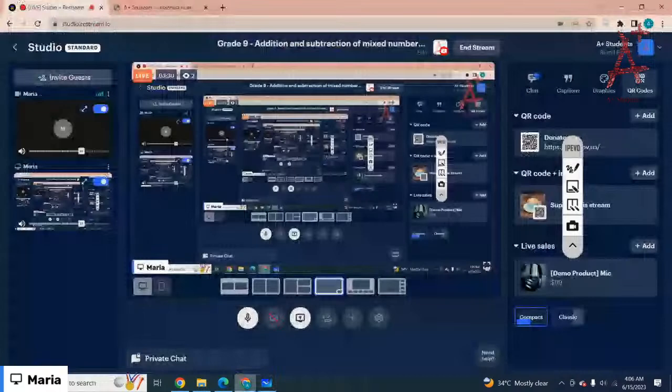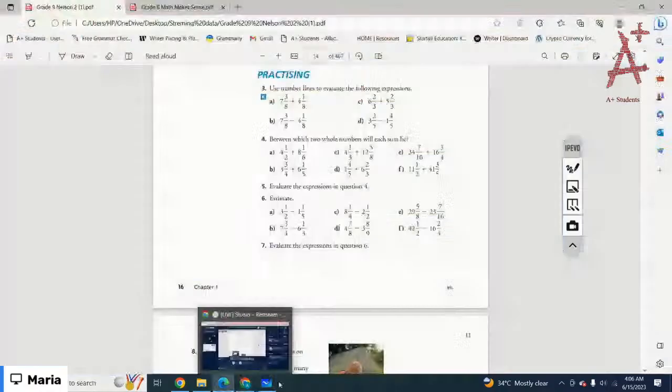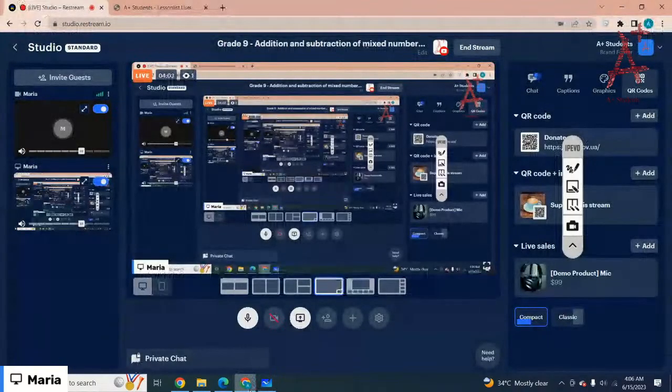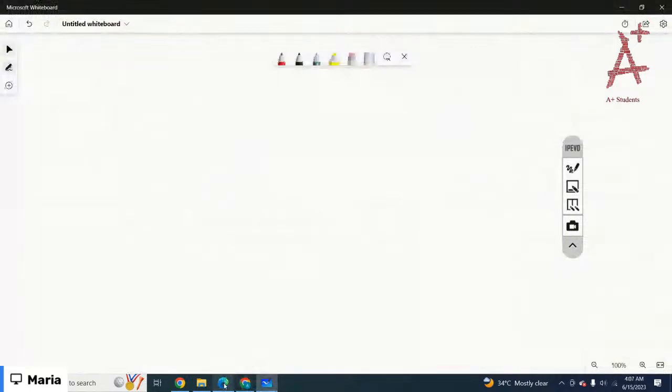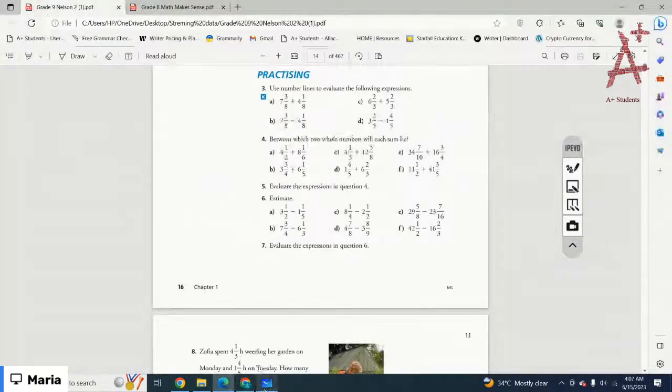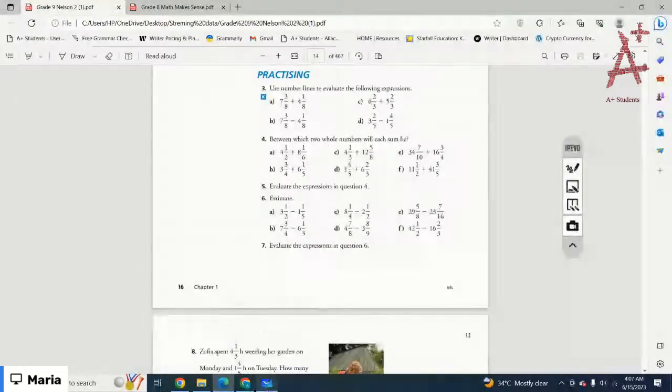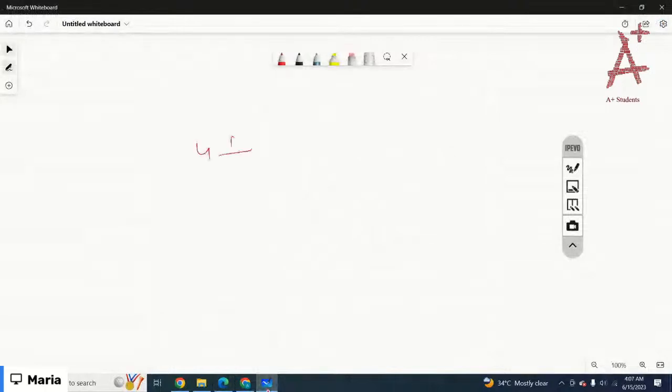The next one is 4 whole 1 over 2 plus 8 whole 1 over 6.